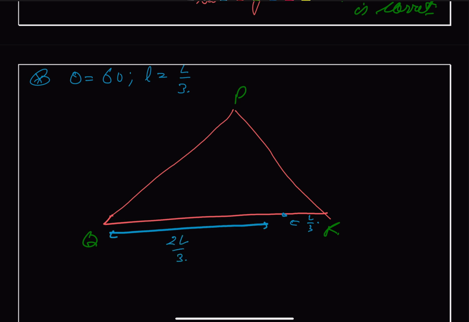And the angle is given as 60 degree. So this is 60. Okay. So obviously it is going to strike the opposite end, and this angle will also be 60, and we know this angle is also 60, so we are going to get this angle also 60.